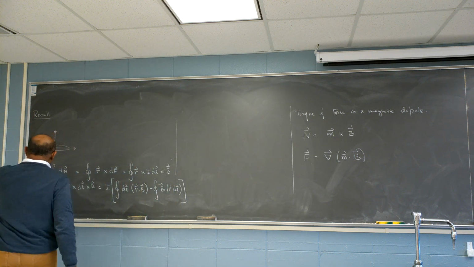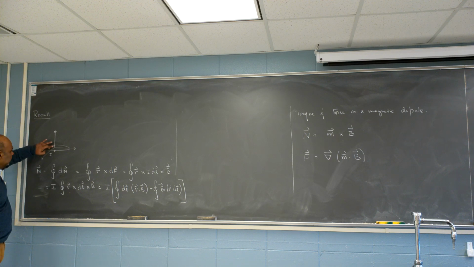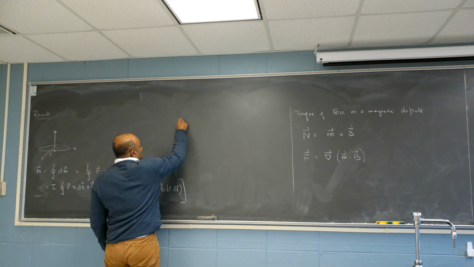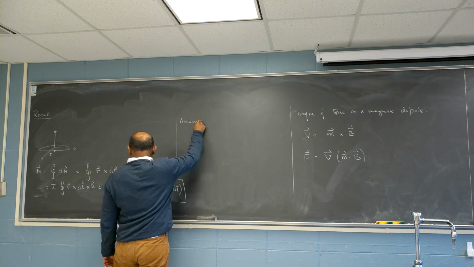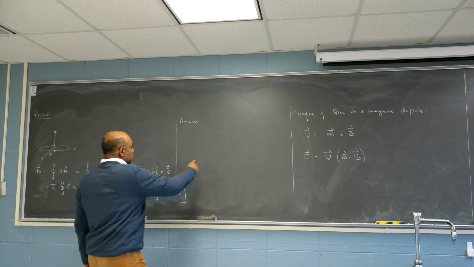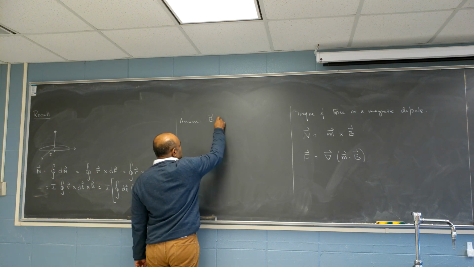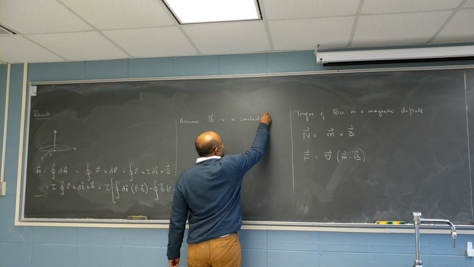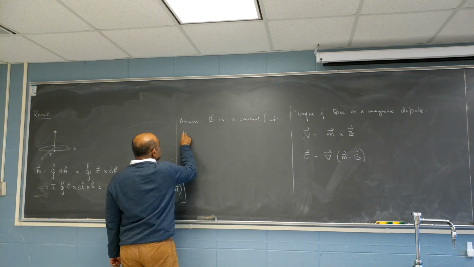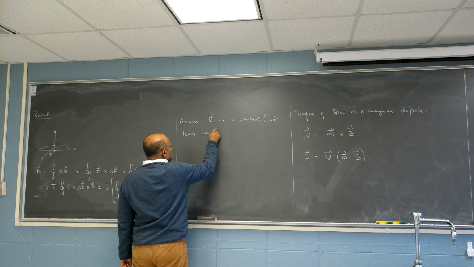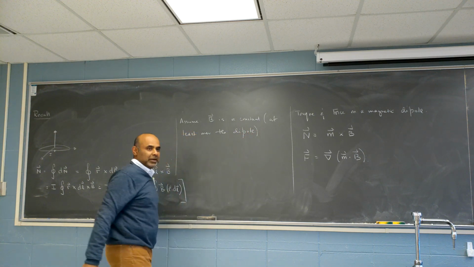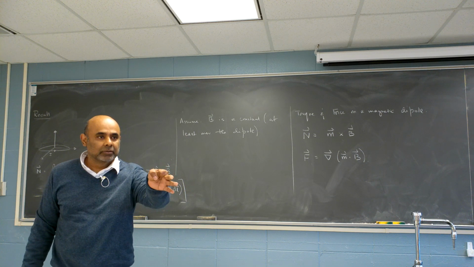So, now this dipole is very small, right? So for now, assume B is a constant, well, at least over the dipole. Because we're going to let the dipole shrink to zero.